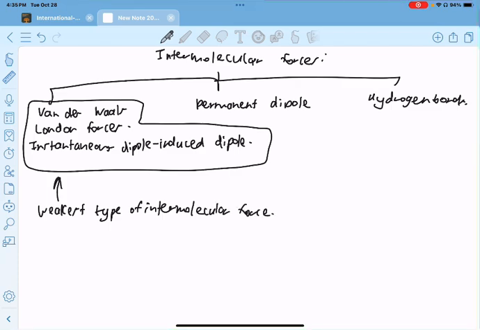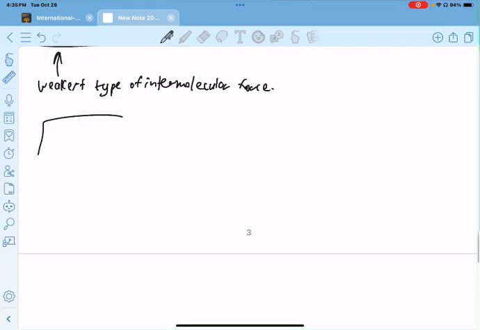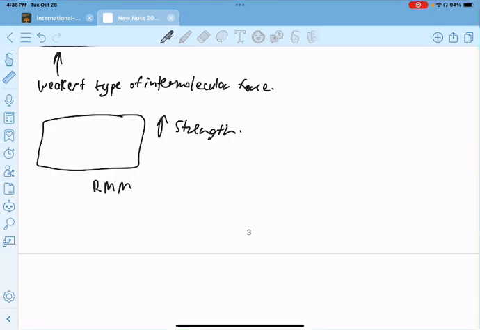Moreover, we need to know that the larger the compound size, the greater the strength. Now, obviously, we don't talk about compound size. Instead, we talk about the relative molecular mass of the compound. So the greater this, the greater the strength. It's important to note that.